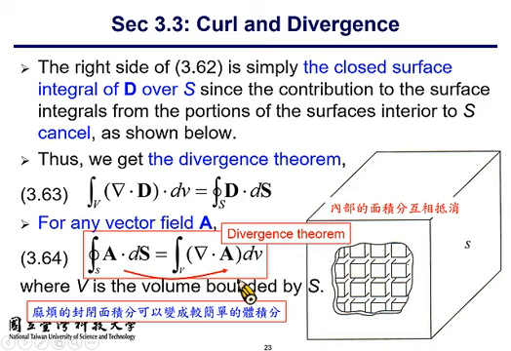So this is referred to as the divergence theorem. So a closed surface integral can be transformed into a divergence operation and a volume integral, which can be easier in terms of mathematical operation.